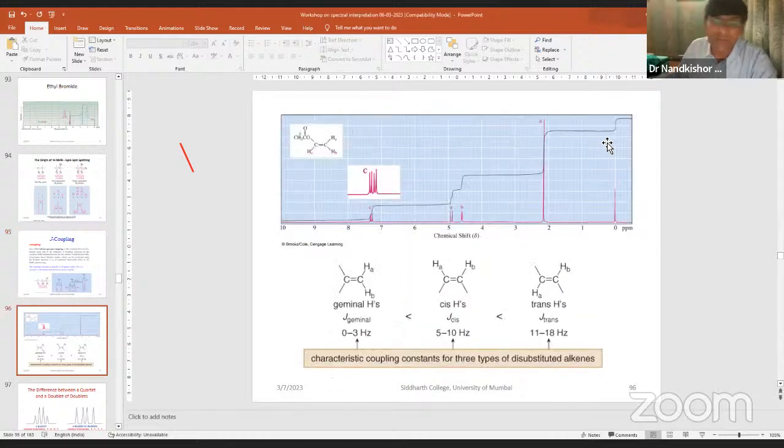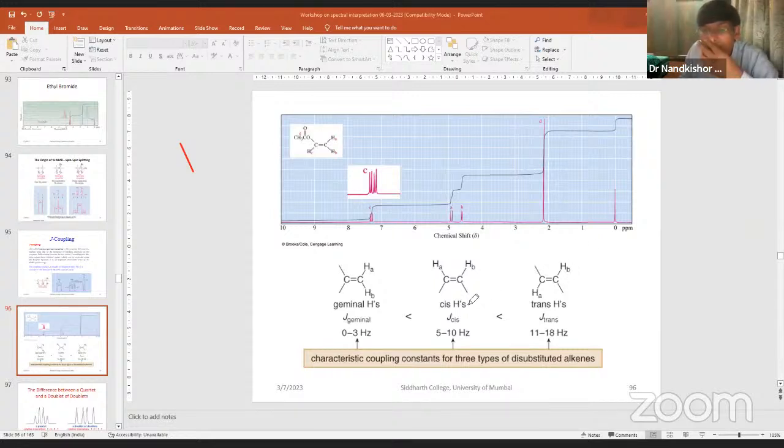Now look here, there are certain fixed values for this. Coupling constants are considered to be one of the tools to identify certain structures in molecules. If the coupling constant is very high, like 11 to 18 hertz, you can easily conclude that the protons on this double bond are in trans positions.